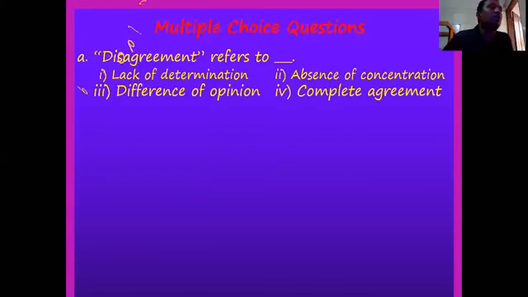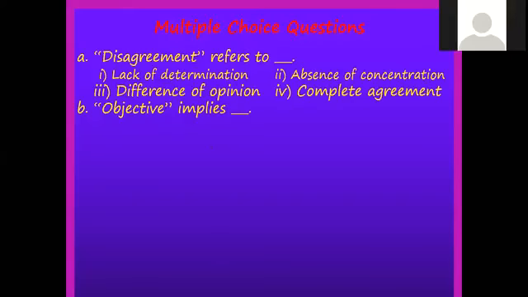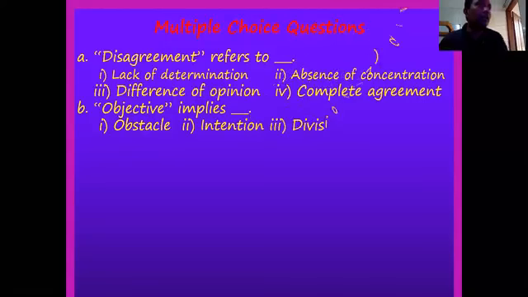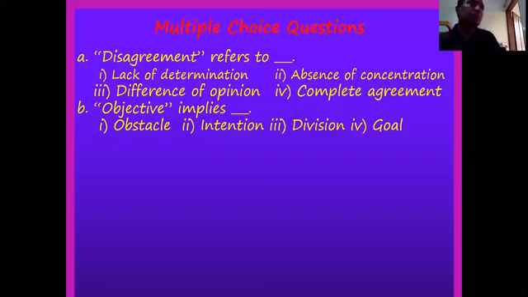Okay. Now question B. Objective implies. Implies means. Objective implies. Your options are here. Obstacle, intention, division, goal. Done? Done, sir.